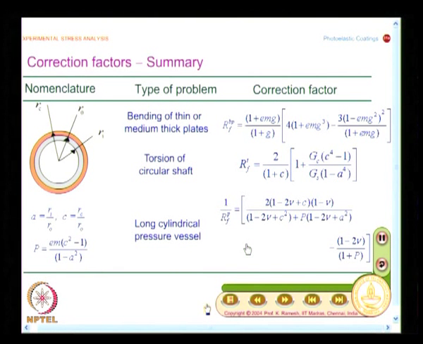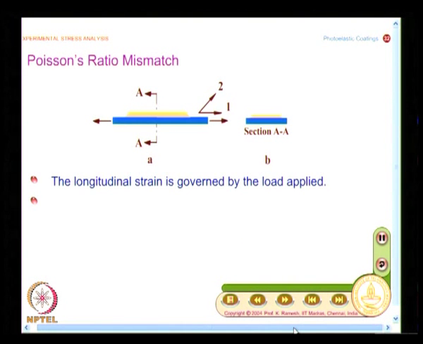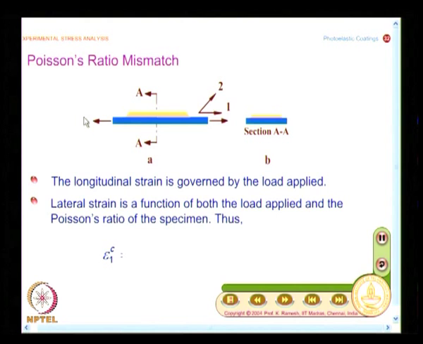I also mentioned that you need to look at how to handle mismatch of Poisson's ratio. That is what we will take up now, and let us understand how the mismatch of Poisson's ratio affects. What is shown here is a simple specimen subjected to uniaxial tension.